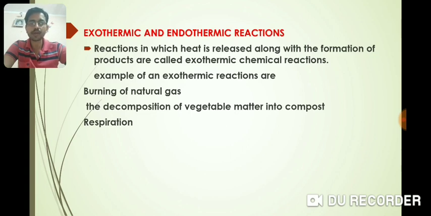This is the biochemical reaction where glucose is oxidized in living cells to produce energy. Burning of coal is also exothermic. Coal is burnt to produce heat. This heat is used in thermal power plants for the production of electricity.